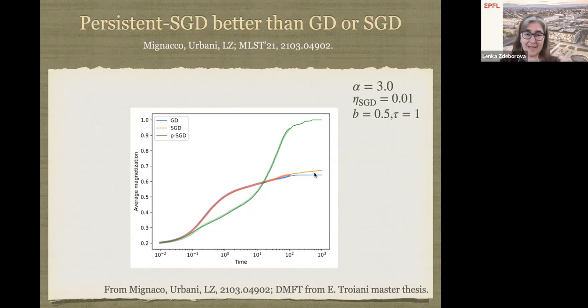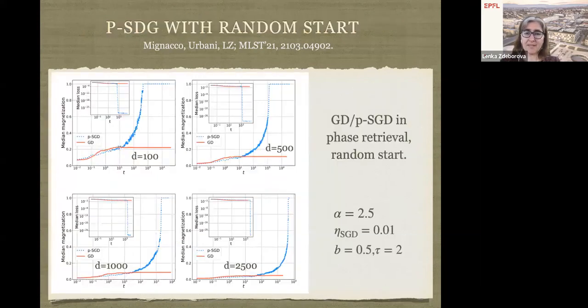The blue and orange are gradient descent and stochastic gradient descent. The learning rate here is pretty small, so that's why the stochastic gradient descent is really close to the gradient descent, as it should be. But the green curve, which is the persistent stochastic gradient descent, is actually doing something else. It's worse at first, but then it shoots up and actually gets a better performance at the times that are given here. So that's kind of interesting.